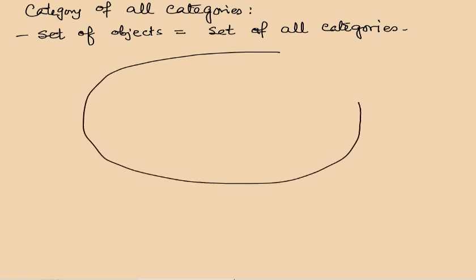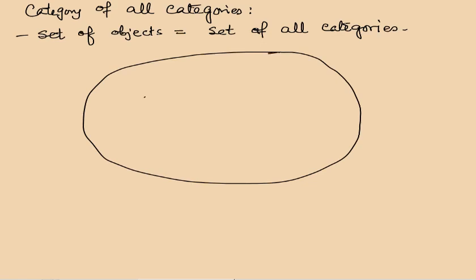This will be the set of all categories. Okay? Now I have a problem. So this is a set again, a big set, and herein is the set of all categories.